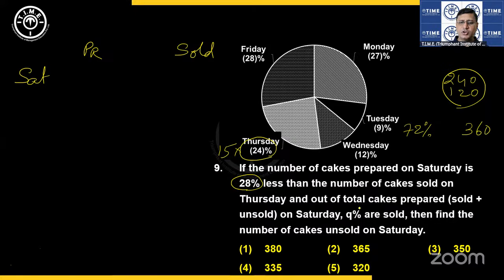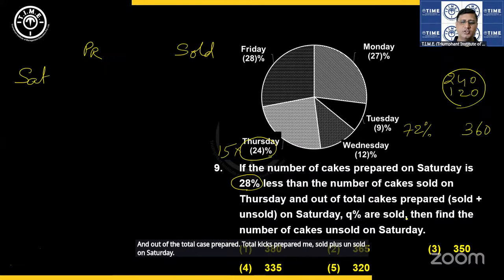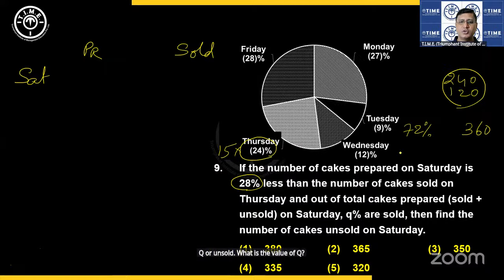And out of the total cakes prepared, meaning sold plus unsold on Saturday, Q% are sold. What is the value of Q? Q is equal to 27. Then find the number of cakes unsold on Saturday.